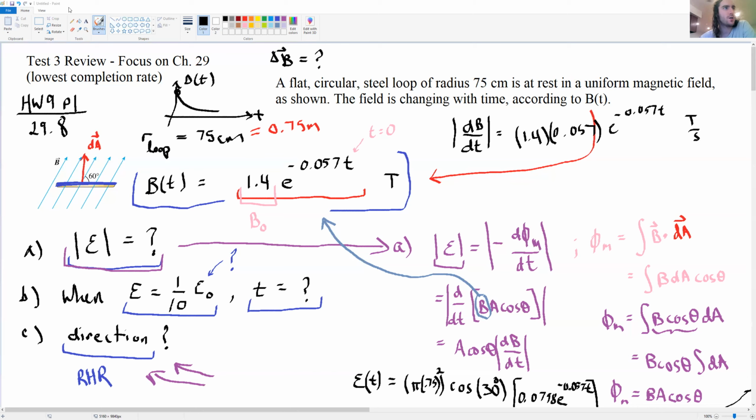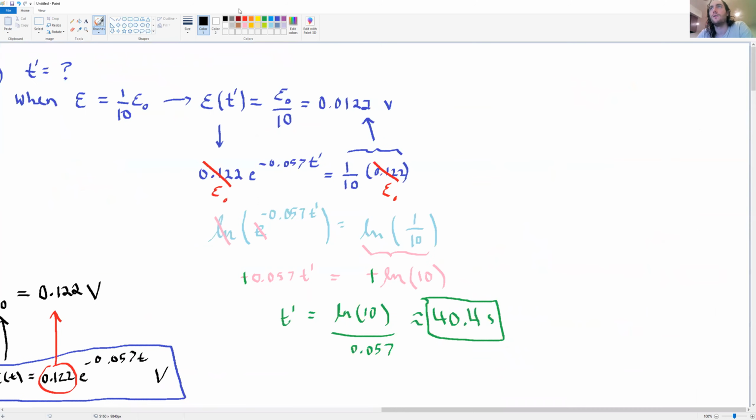Okay, so let's go ahead and talk about it now. Initially, we'll kind of scroll over here. Initially, the B vector, which I usually use green for magnetic fields, the B vector is like this. This is B initial.